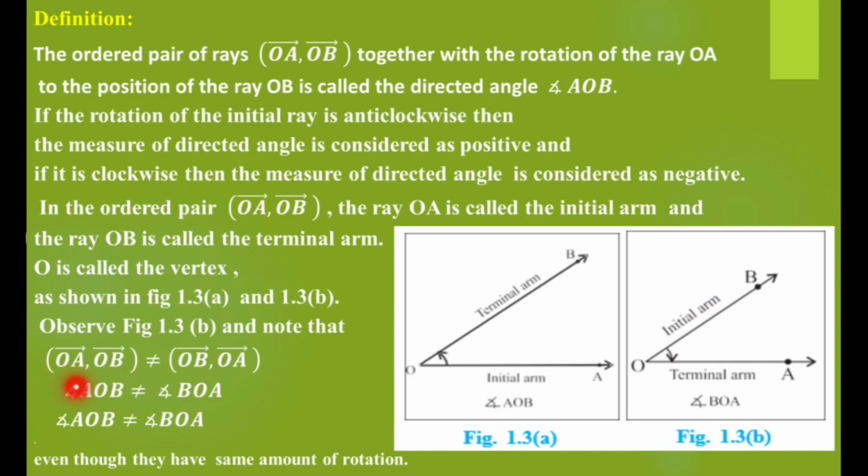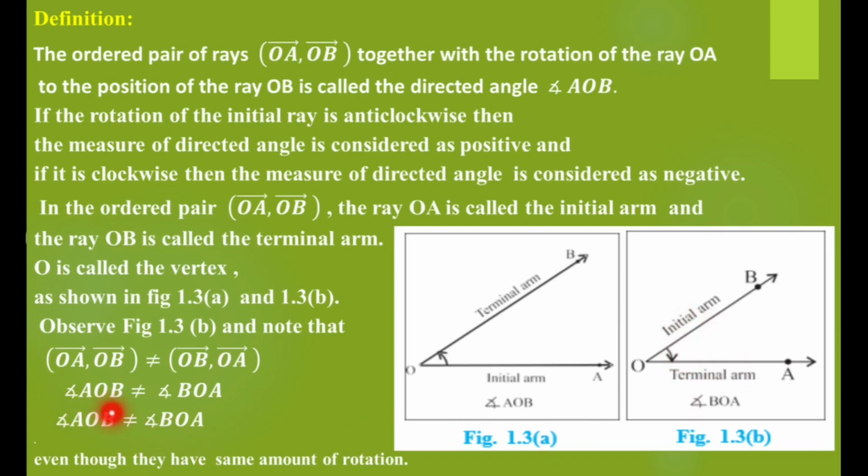This observation we write in the form of an ordered pair. So we always write (OA, OB) not equal to (OB, OA). So angle AOB is not equal to angle BOA. Here the directed angles are not the same, because if this angle is 40 degrees, then the other angle is minus 40 degrees.